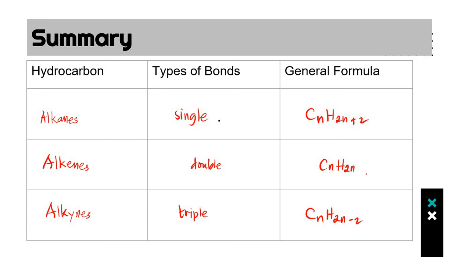So plus 2, nothing, and then minus 2. So that's the summary for the 3 types of hydrocarbon families under aliphatic hydrocarbons.